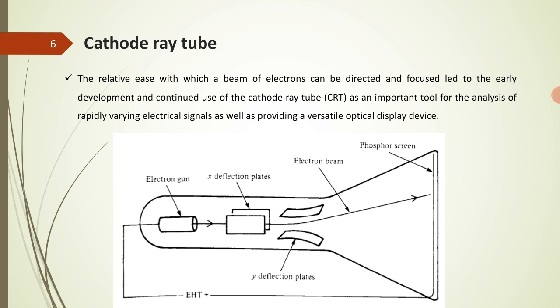This picture is very familiar to everyone, because we have studied the cathode ray tube in our physics in lower classes. This is the structure of the cathode ray tube. In this we are applying an external voltage, an external supply, and that is going to the electron gun.